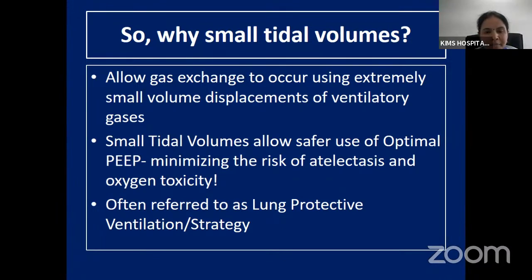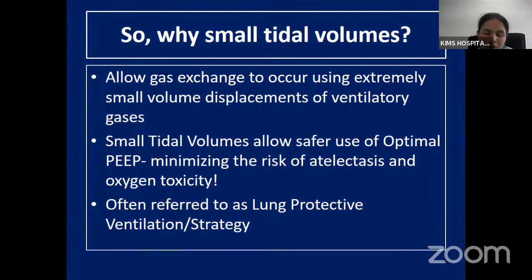So, why did people think of using very small tidal volumes for achieving ventilation in newborns? It has been seen that by using small volumes for progressive displacement of ventilatory gases that is used for achieving gas exchange with high frequency ventilation, we may be able to operate at higher PEEP.